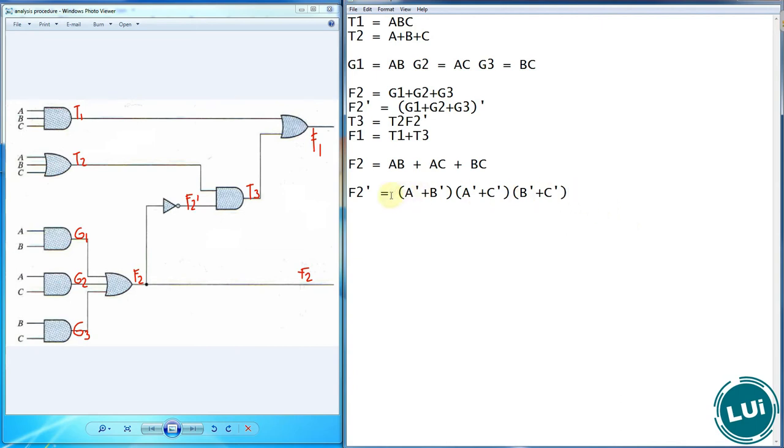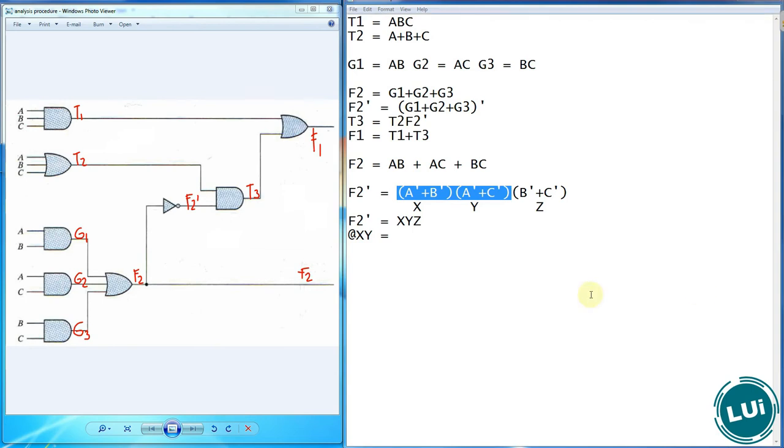So we have to simplify this and come up with a standard form for this expression. To do that, let's label these with X, Y, Z. It will then mean that F2 prime is equal to X and Y and Z. So let's start with X and Y and simplify these two expressions.